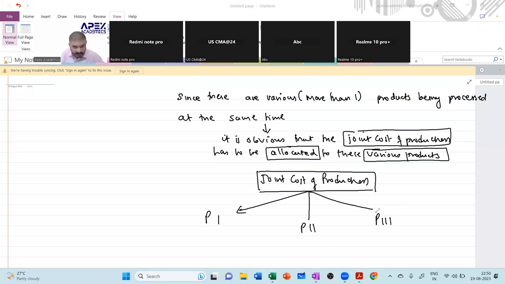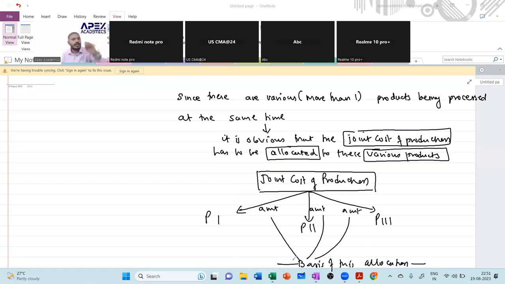But what is coming here? The amount. There is a basis of this allocation. There are various methods of performing this allocation.